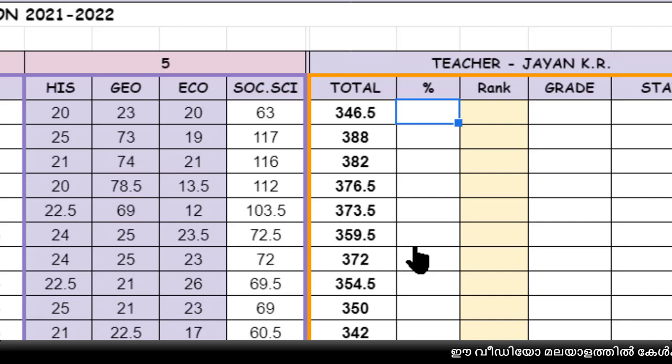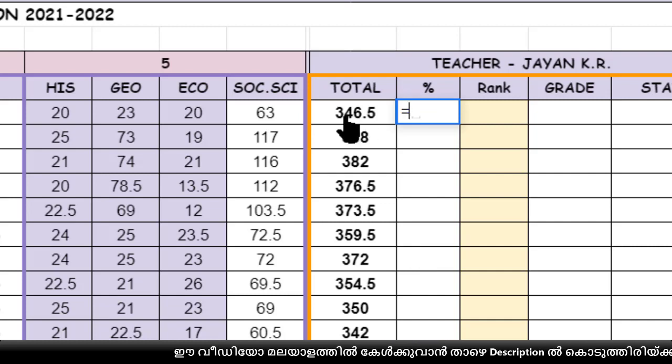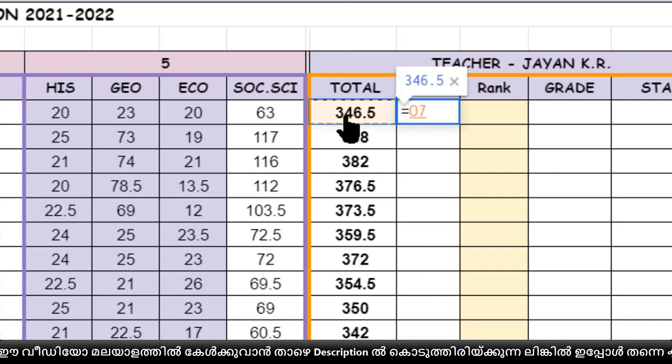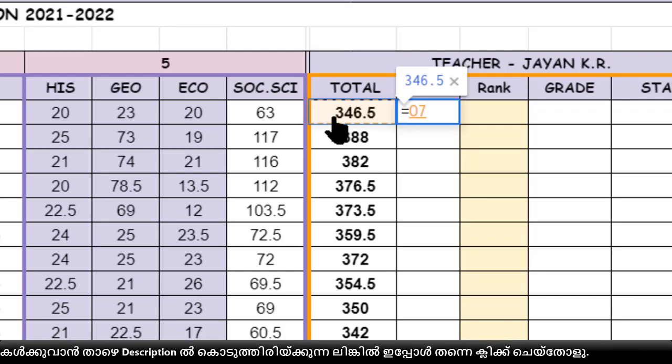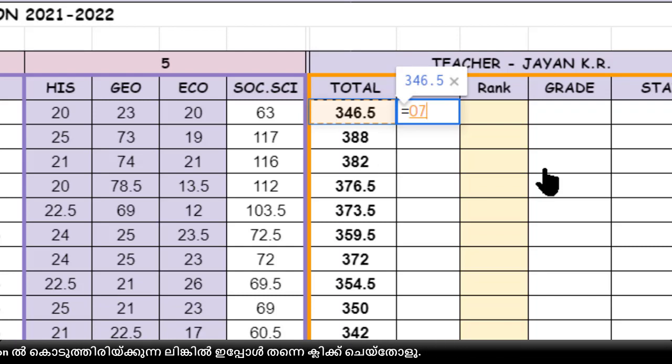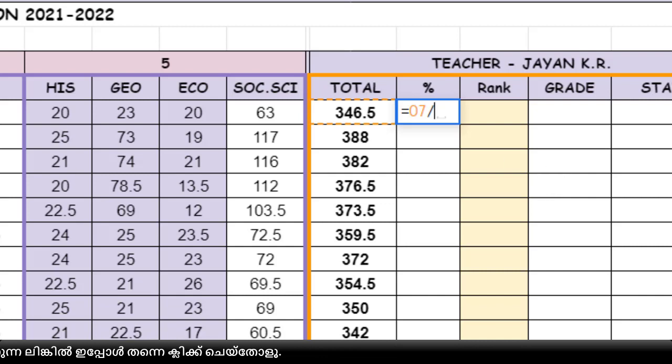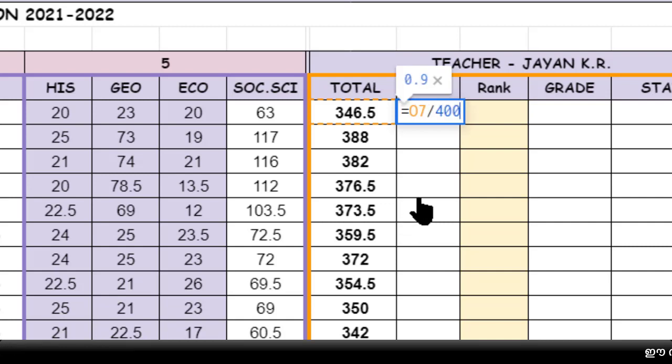Okay, that is the method, no? So equal to what is the mark he got? This one, 346.5. Click on this cell, then divided by the total. How many subjects are there? 5 subjects. Each subject is 80. So 80 into 5, 400. Total subject mark 400.